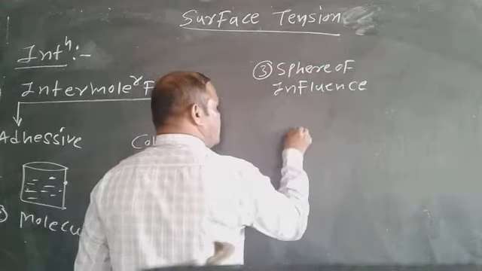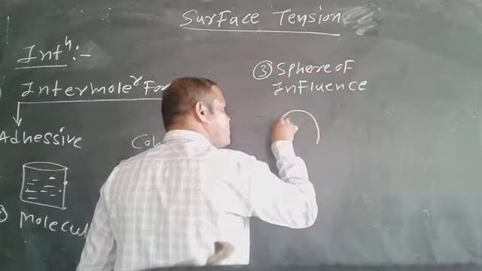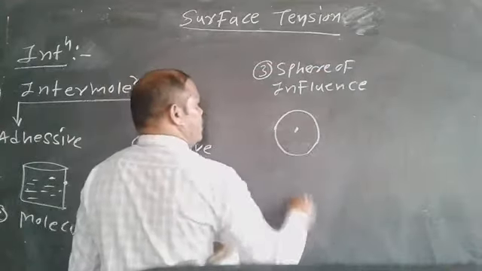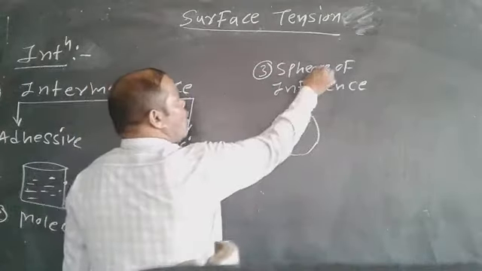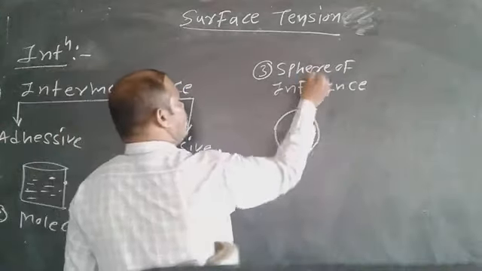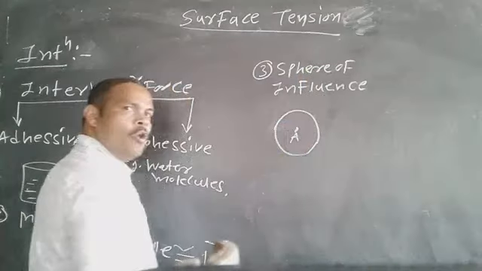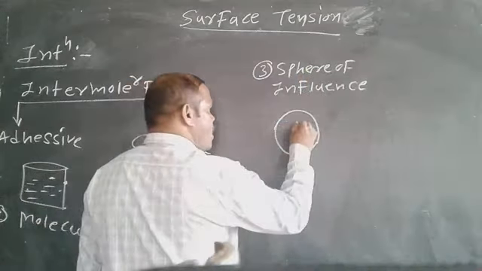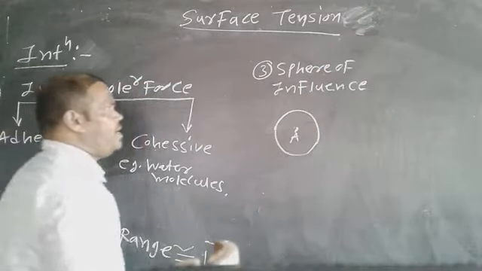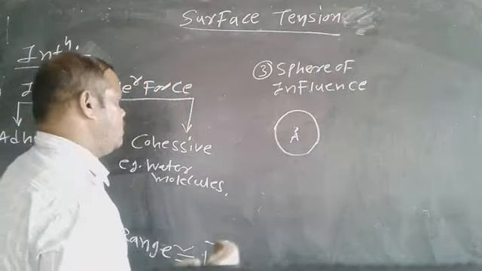If we consider this as molecule, then we draw a sphere around this molecule, and this sphere is called as sphere of influence. So sphere drawn around the molecule, taking molecule as the center, and radius equal to the order of molecular range is called as sphere of influence.